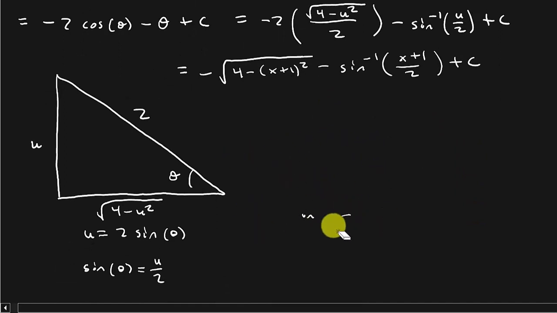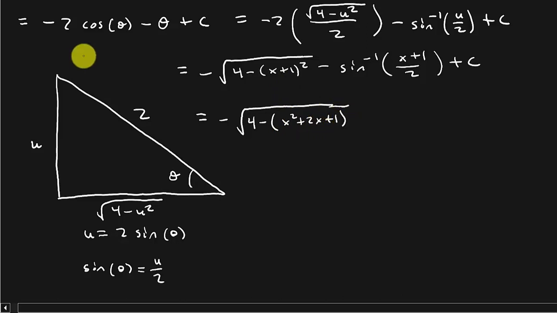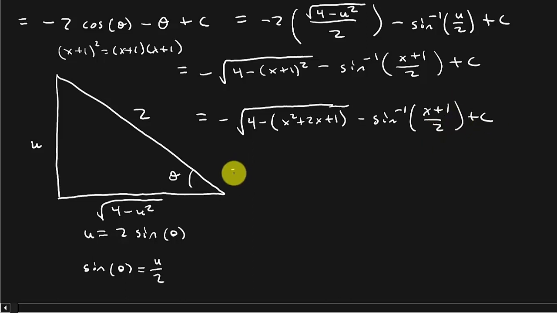Let me erase this. And so this is going to be negative square root of 4 minus, and then (x plus 1) squared is x squared plus 2x plus 1, because remember, (x plus 1) squared is x plus 1 times x plus 1, minus inverse sine of (x plus 1) over 2 plus c.